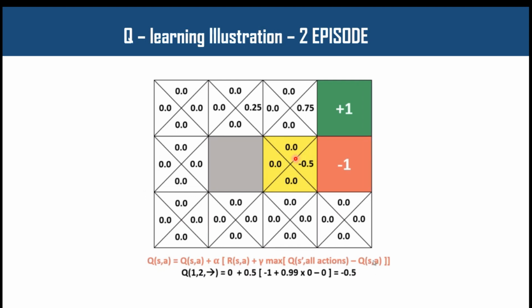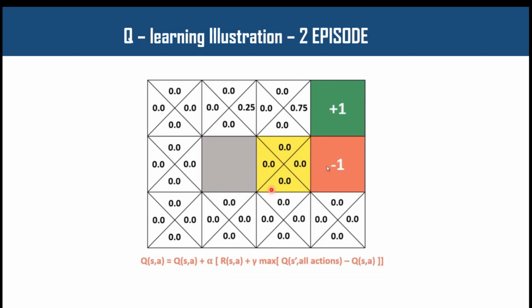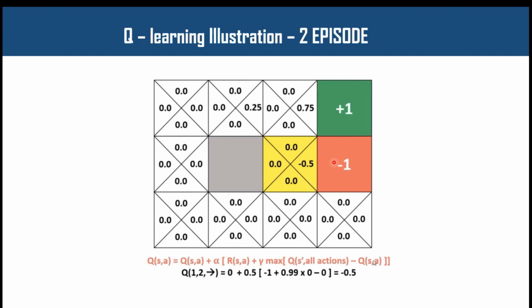So if the agent wants to move to this -1, what will happen? Initially all are zeros, this Q of S comma A is 0, and alpha value is default. And if you have any reward, when it goes from this point to this point, there is no reward. You will get -1 as your punishment. So it's not a reward, actually it is a punishment because it is moving in this direction. And then there are no Q values here, and then you will get -5 indicated in this direction. Okay.